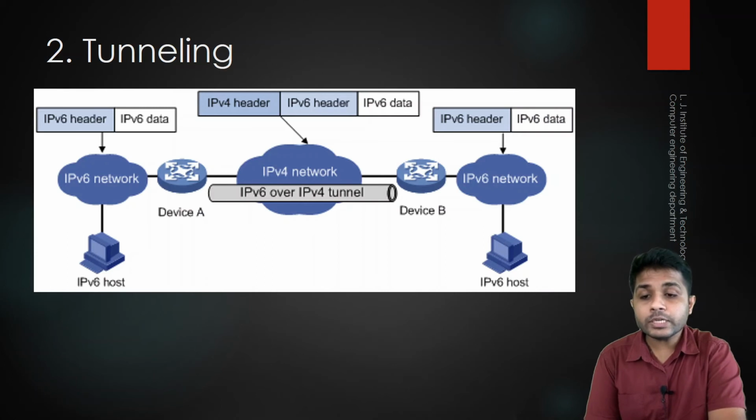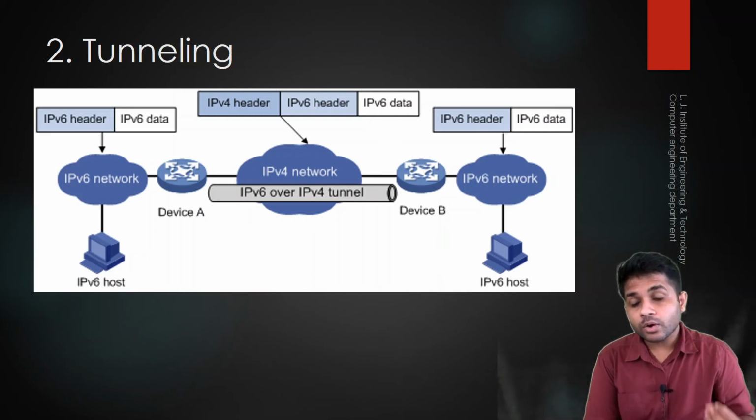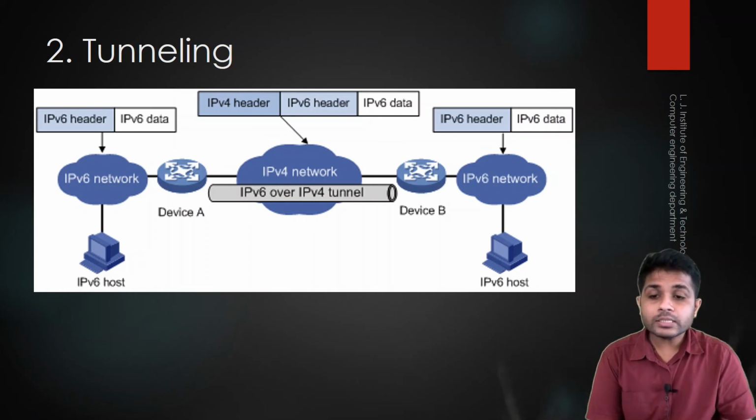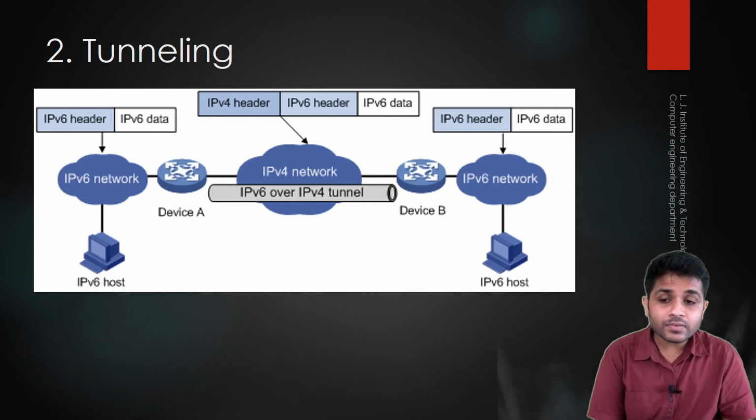They won't be able to decide to which router the packet should be forwarded, because all the routing decisions are made by checking the IP address. Because these routers can only understand the IPv4 address and not the IPv6 address, the packet will not get delivered easily.